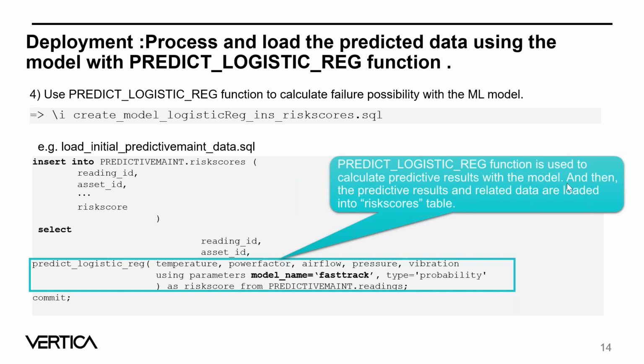In this demonstration, we use an insert select statement to calculate the failure possibility using the logistic regression model, and then the data goes to a new table. We already defined the new table for the result of the predictive analysis. The result of this query goes to that table, and that table is used for the BI tool. So please go to next.